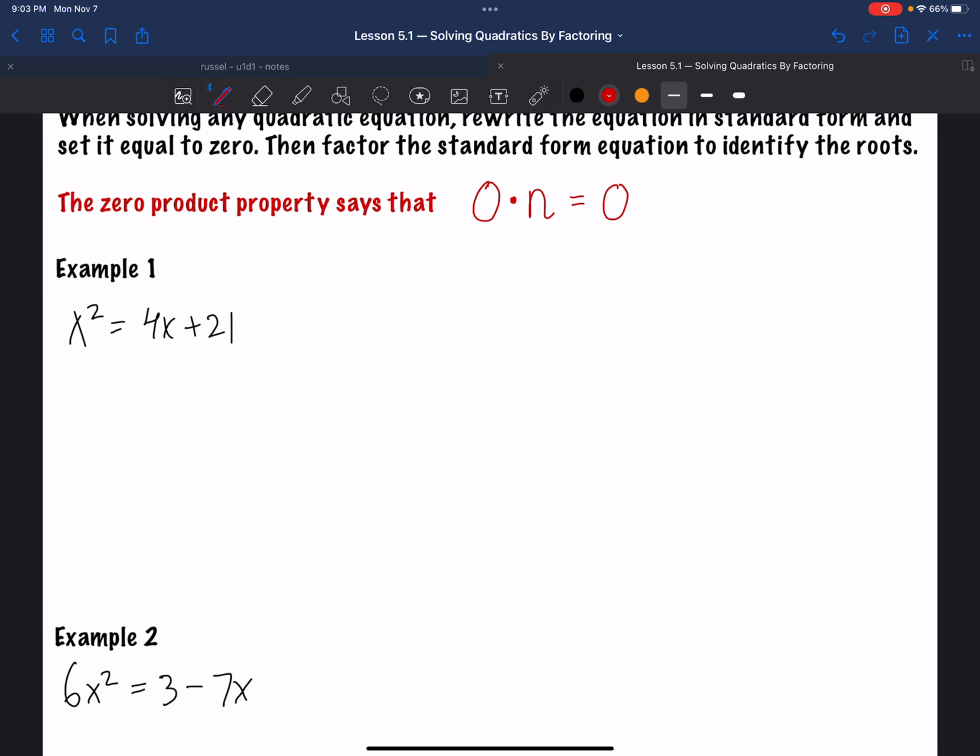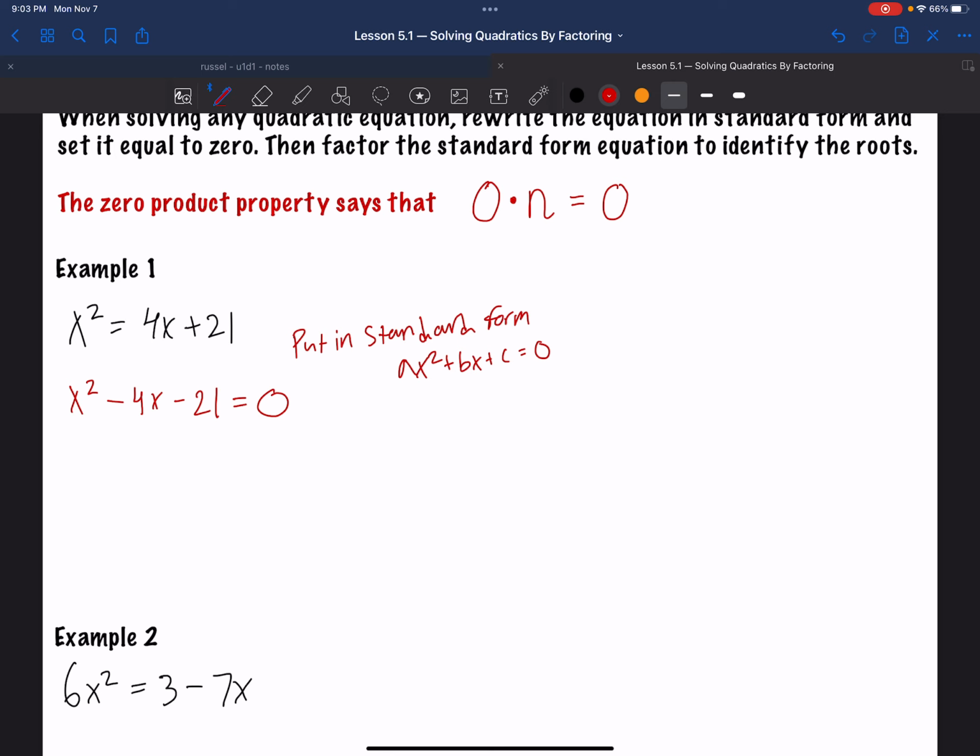Example 1, I've got x squared equals 4x plus 21. I need this in standard form, so I'm going to rewrite it as x squared minus 4x minus 21 equals 0. I am put in standard form, which is ax squared plus bx plus c equals 0. Okay? I'm only going to write that once. Now factor.